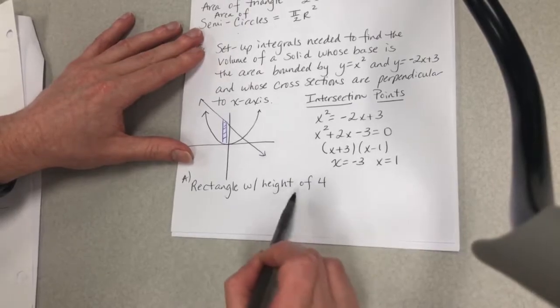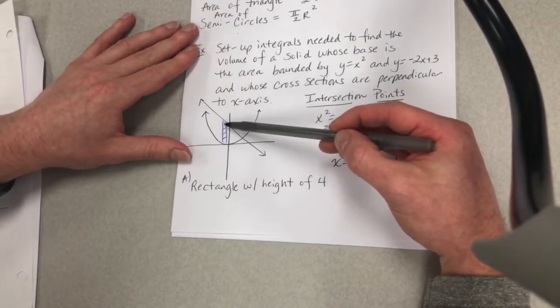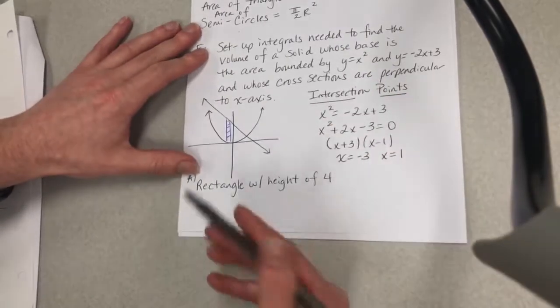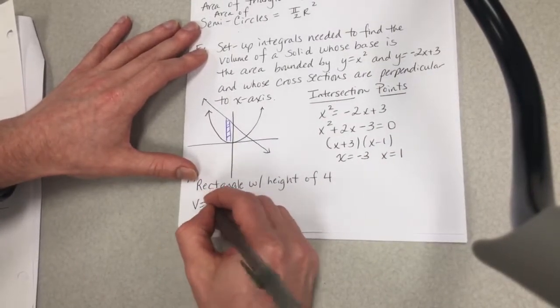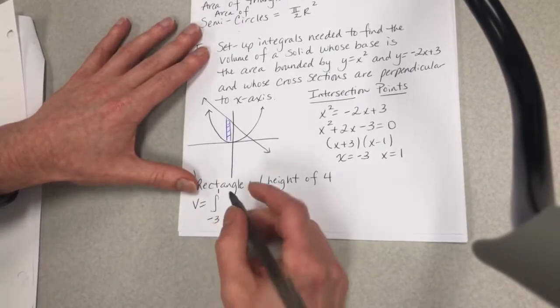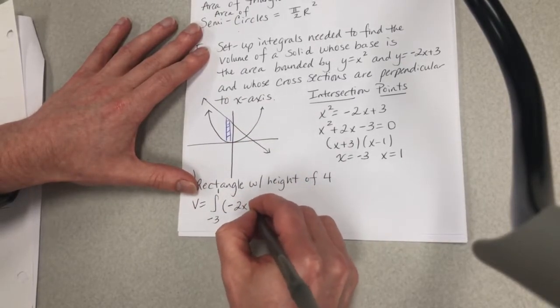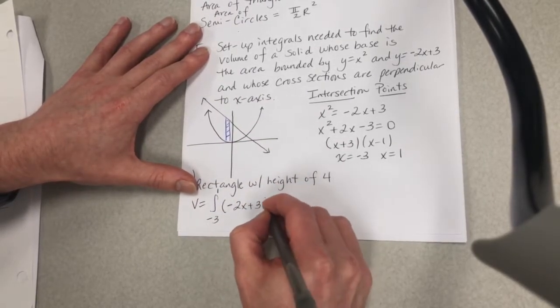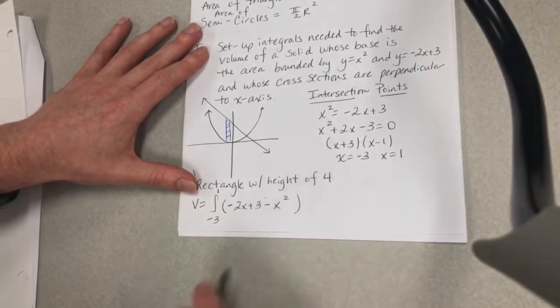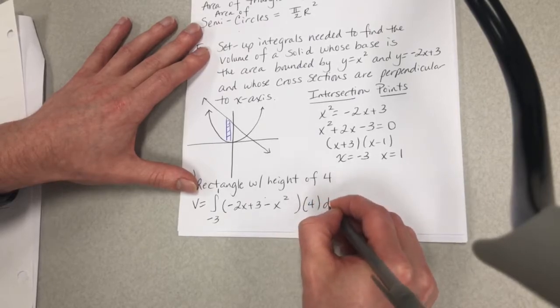The height is 4. Your base is going to be the area bounded by this region right here. So your volume is the integral from negative 3 to 1. Your base is your top curve minus bottom curve, so it's negative 2x plus 3 minus x squared, and then we multiply it by 4. And that's dx.